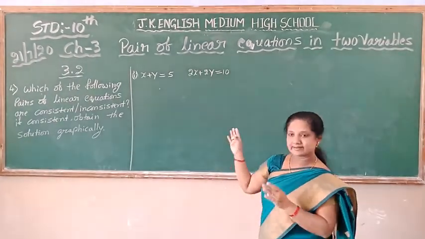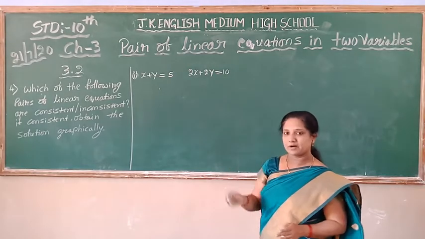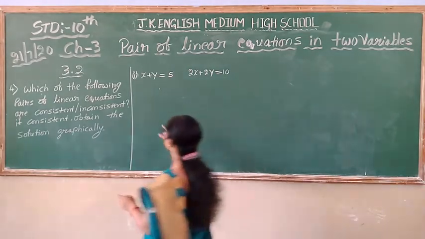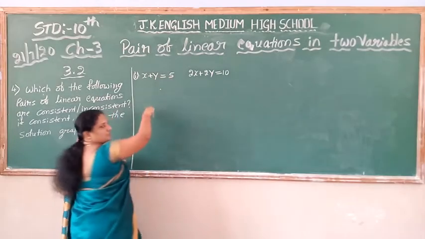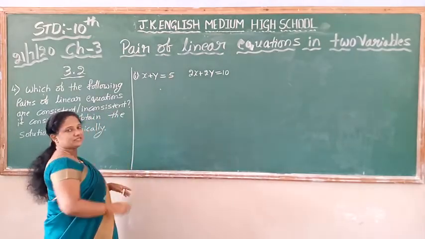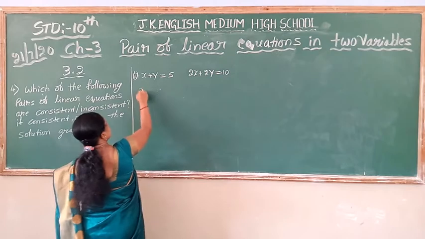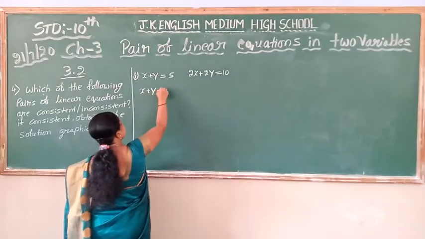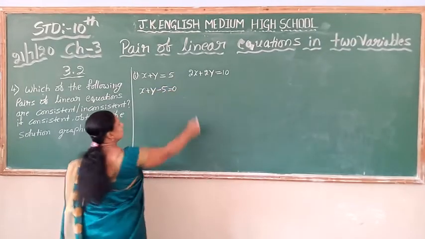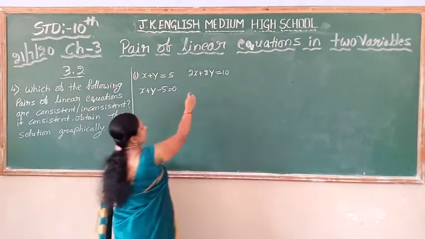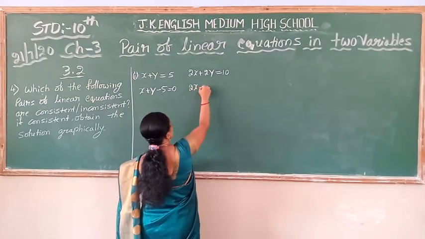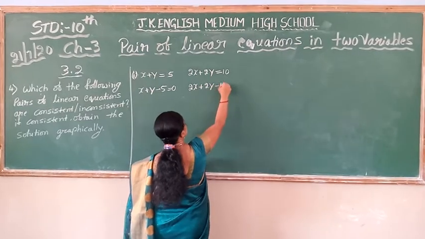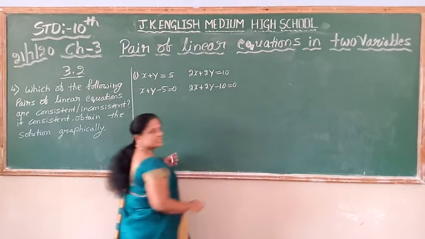First I will write the given equations in the general form, that is a1x plus b1y plus c1 equal to 0. So I am taking the 5 to this side. It becomes x plus y minus 5 is equal to 0. This equation also I do the same: 2x plus 2y minus 10 is equal to 0.